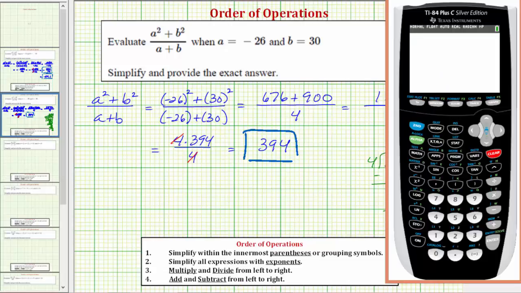So on the calculator, we start with an open parenthesis for the numerator, and then we have the square of negative 26 plus the square of 30, close parenthesis to end the numerator, divided by open parenthesis to begin the denominator, and then we have negative 26 plus 30, and a close parenthesis to end the denominator, and enter, verifying our work is correct.